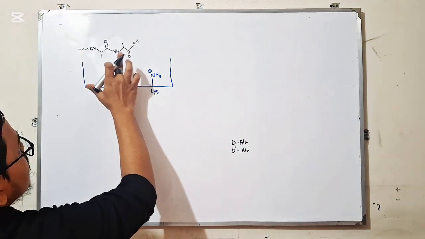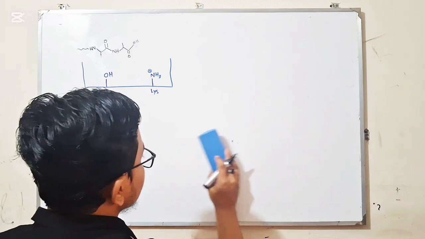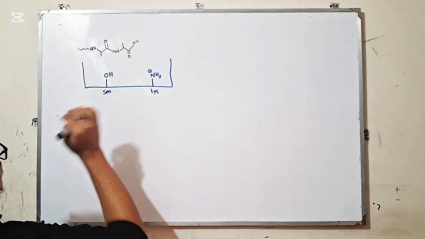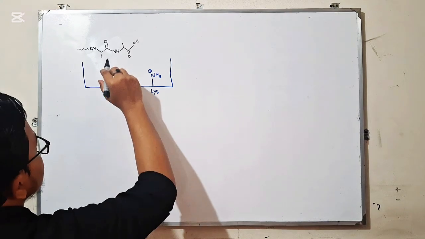So this is D-alanine and D-alanine. So what happens in this case?